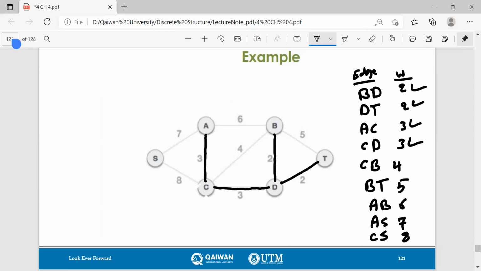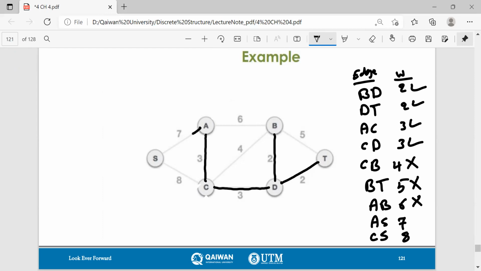How about CB? If we choose it, we get a closed cycle, so we don't take this one. Then BT, we cannot do this because it gives us a cycle. AB, we also cannot take it because here we get a closed cycle.